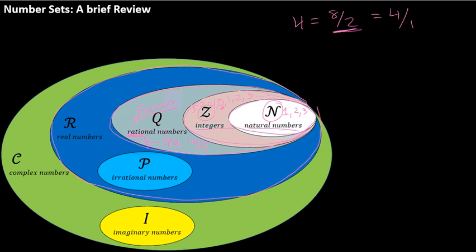Okay, now we move on to real numbers. Real numbers include rational numbers, integers, and natural numbers. Real numbers also include irrational numbers, which I'll get to here in a second. But real numbers are literally every single number you have ever studied in school.